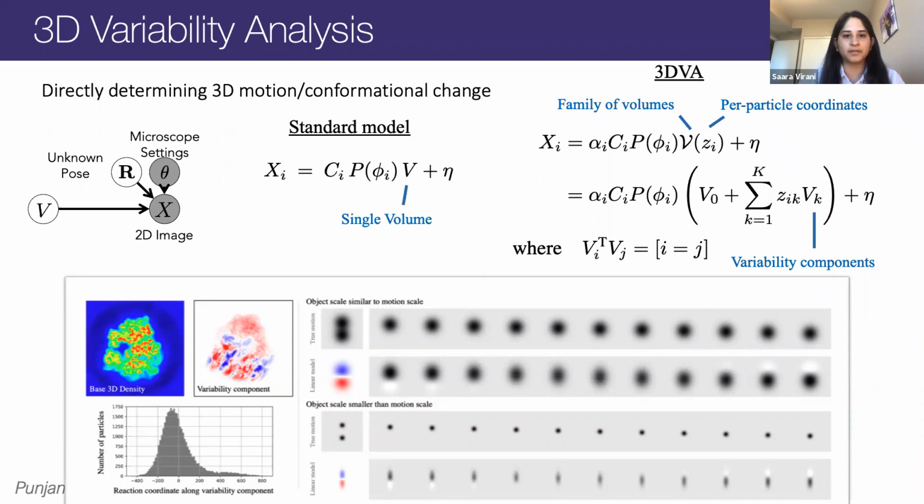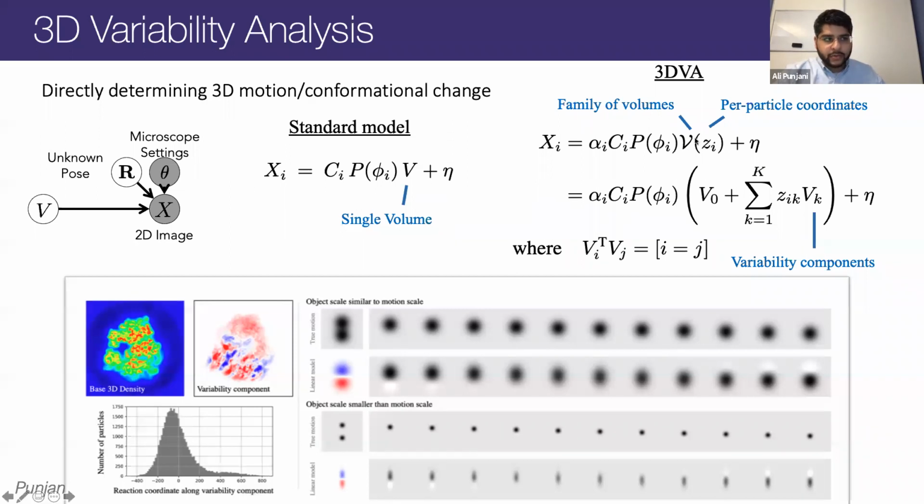I'm not going to be able to go in a very particular order here because there are a lot of questions. But specifically with respect to the Z term, the per particle coordinates, what number or values are we actually using for those? That's a good question. The values do have significance, but they're not as easily interpretable as, for example, a pose angle. They correspond to the amount of each variability component that we need to add to the basic density to generate a particular member of the family.